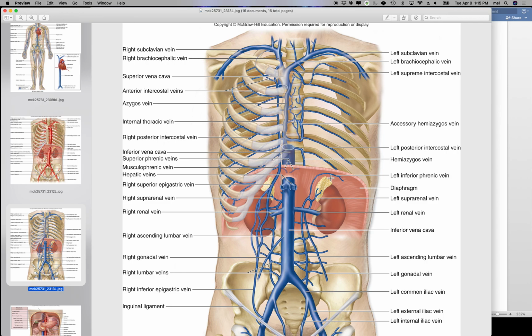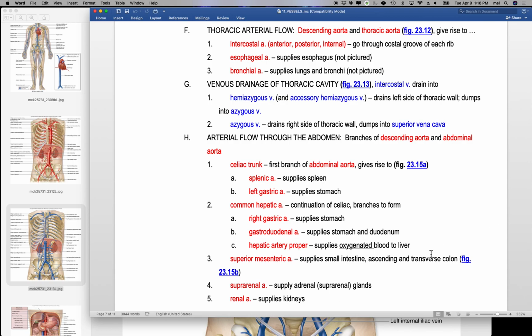Okay. The bottom ones, usually below 8, actually go, watch, intercostal veins dump into the hemiazygous, but watch where this one goes. It sneaks behind the vena cava and then dumps into the azygous, which dumps into the superior vena cava, right? So if you draw arrows in your picture, you'll be able to understand it a little better, to see which direction things are going. Is that okay? Okay. All right. So it's weird, but it's not particularly hard after you look at it once or twice.